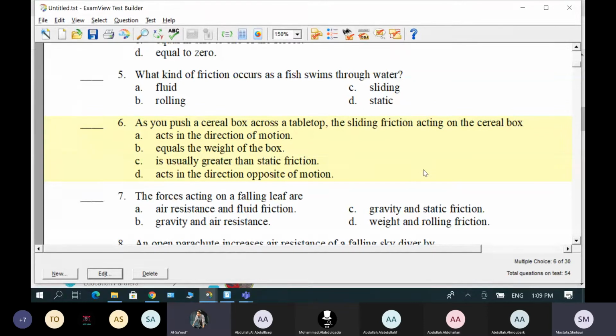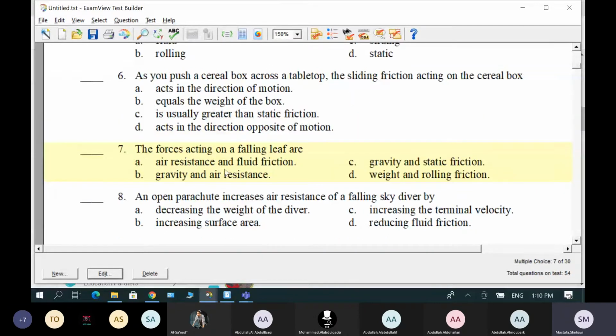A, acts in the direction of motion. Is this the answer? The friction force acts in the direction of motion, Abdulhadi? No, in the opposite, I think. In the opposite direction of motion. So the answer is D. Abdulhadi, the answer is D. Acts in the opposite direction of motion. That's it. The answer D.